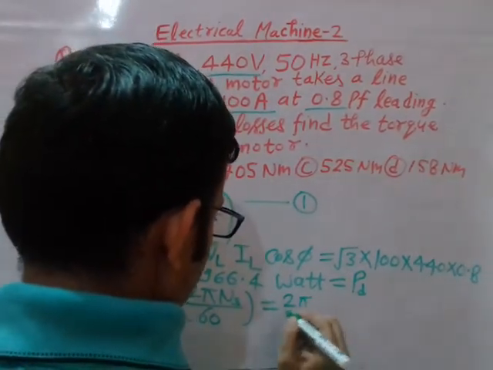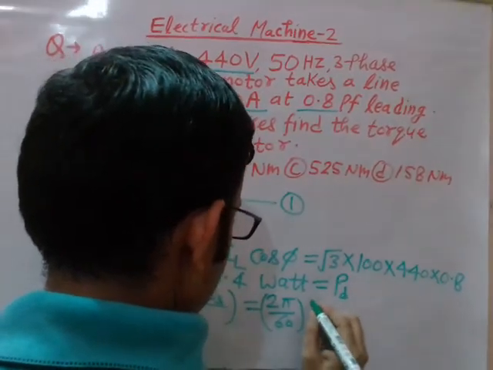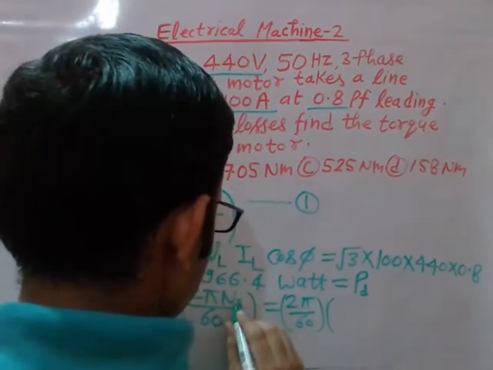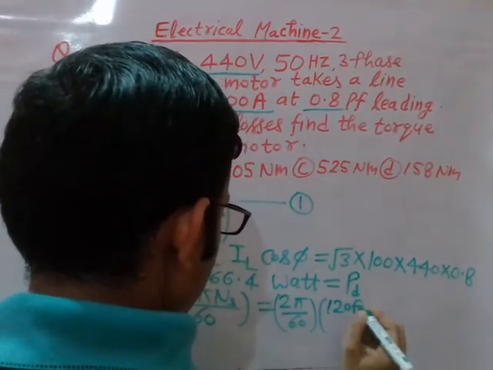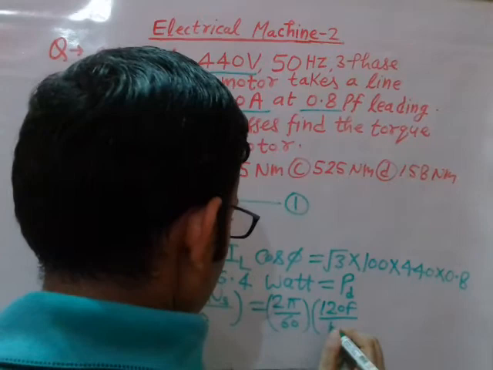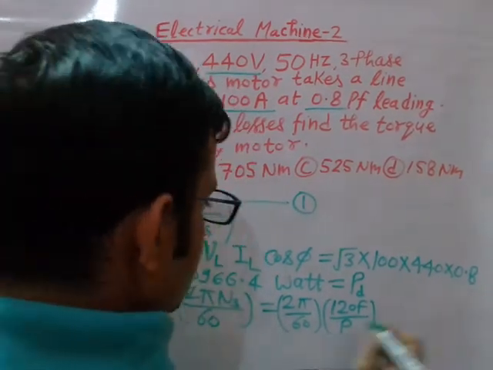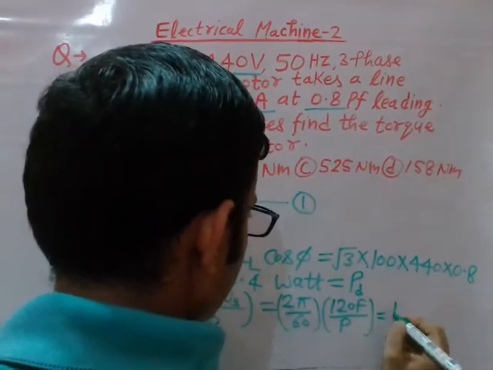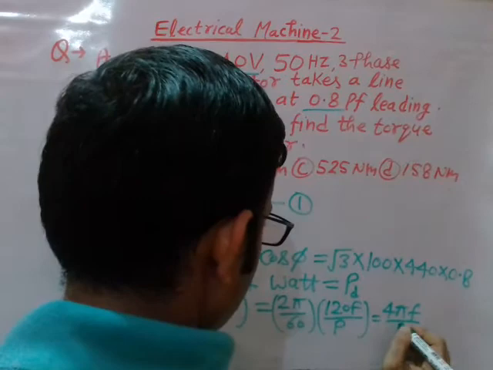And Ns is in revolutions per minute. Ns is 120 f by P, where f is the supply frequency and P is the number of poles. So when you solve this, you will get 4 pi f by P, right?